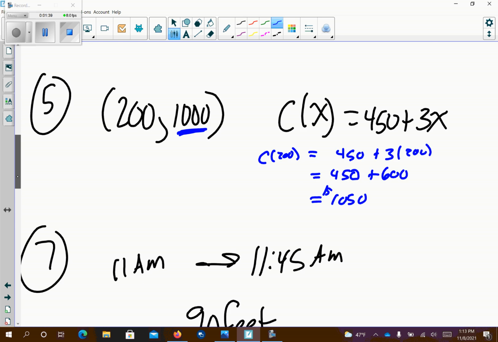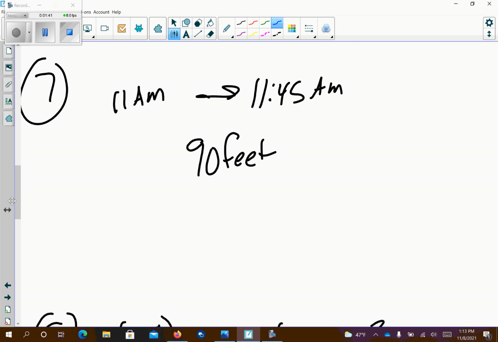Number 7, this talks about a climber. So from 11 a.m. to 11:45, so in 45 minutes, they climbed 90 feet. Okay, and then we also know that it started scaling at 350 feet, starts at the bottom of the cliff, and has climbed 90 feet. So basically, you can look at this a couple different ways.